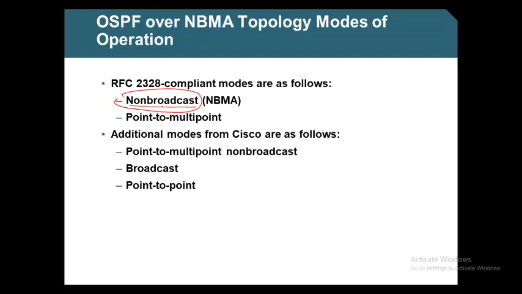But you know how OSPF hello packets are sent to a multicast. You are dealing with a unicast environment where multicast is not supported. Then how will OSPF form neighbor?